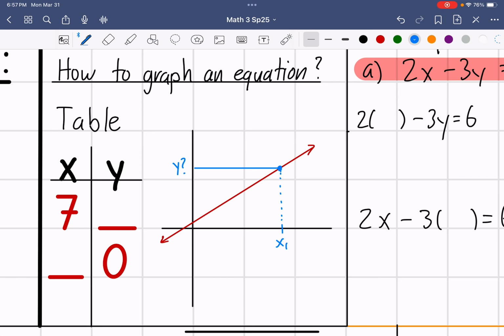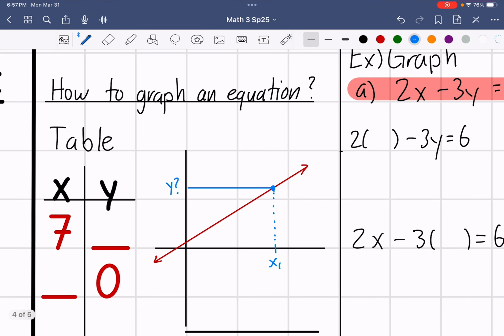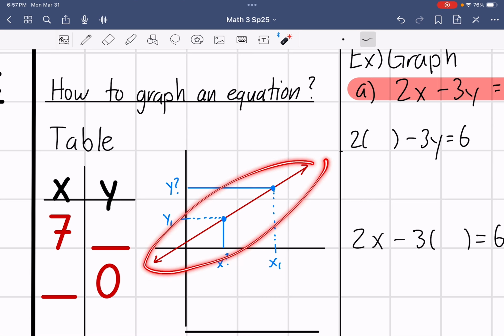Or similarly, you can randomly choose some y value. You can choose any random y value. And you're plugging into your equation, and you're trying to find a corresponding x. Now, of course, this equation, or this curve, was made from an equation.